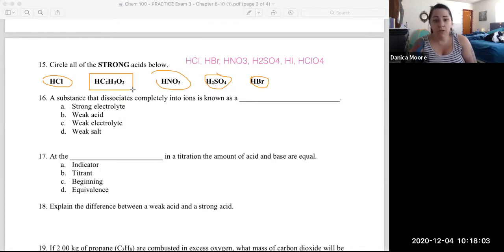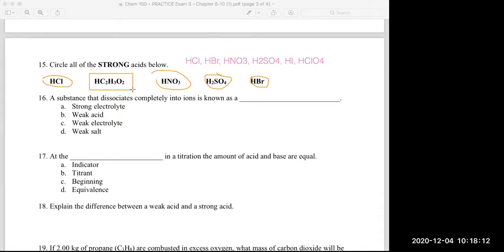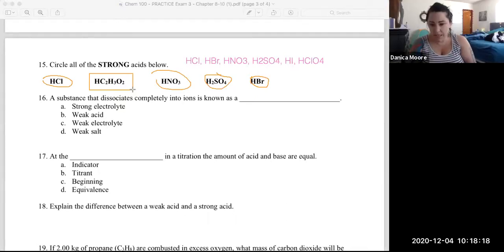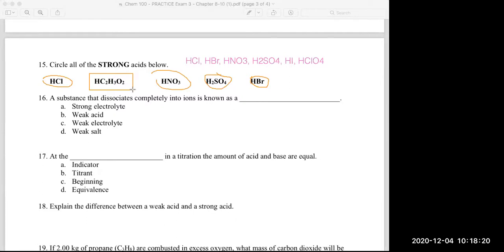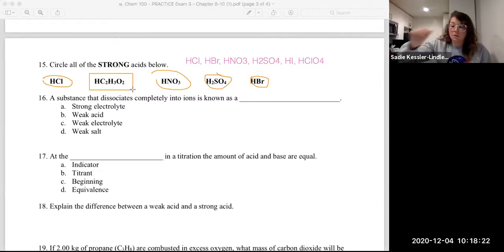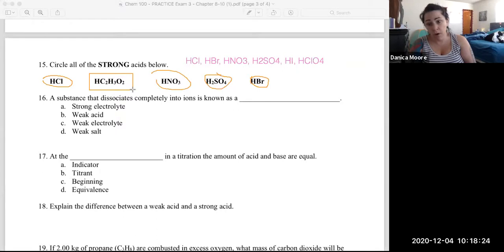Between a strong acid and a weak acid, which one will have a higher conductivity? Strong. Why? Because there's more ions. Exactly. When you have more dissociation, you have more ions, which means you have more conductivity.